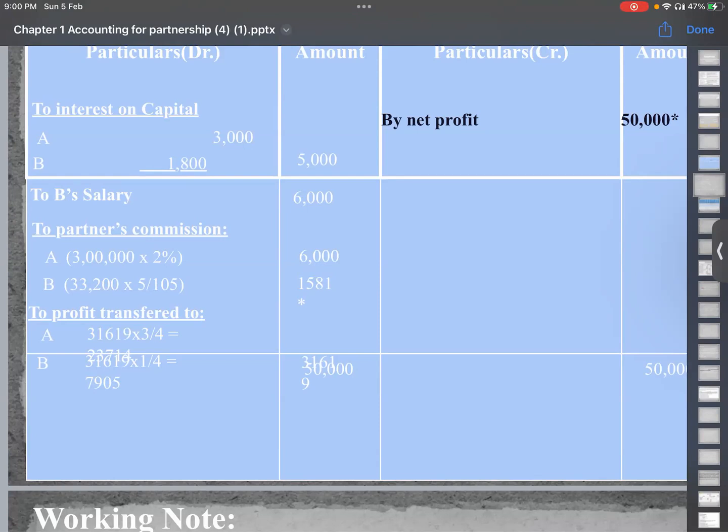Just a minute. Okay, yeah. So the divisible profit that you should be getting is 31,619. Kindly confirm if anyone has got the answer.